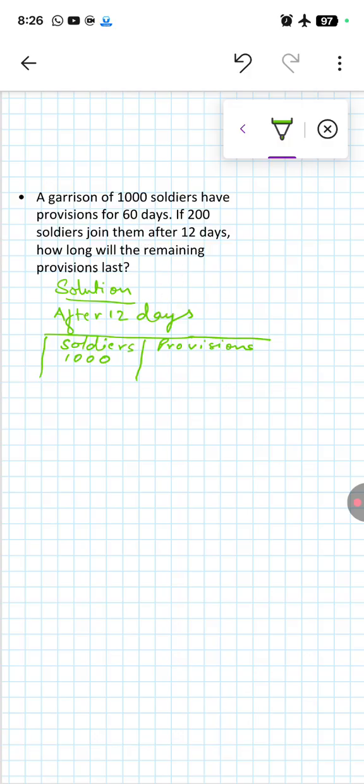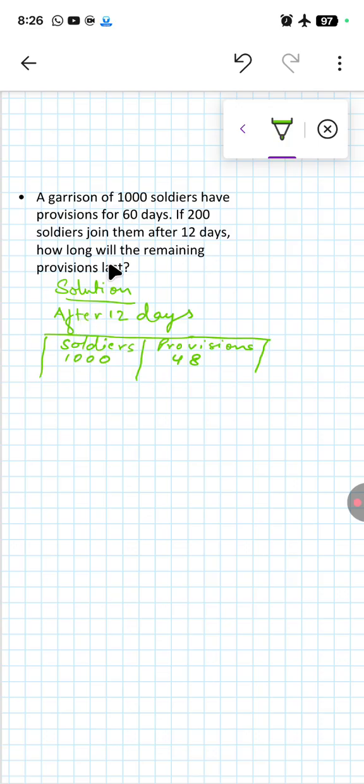After 12 days altogether, for 1,000 soldiers there was provision for 60 days. Now for 12 days, if they ate, now there is provision left for only 60 minus 12, that is 48 days. It means 1,000 soldiers has provision for 48 days.